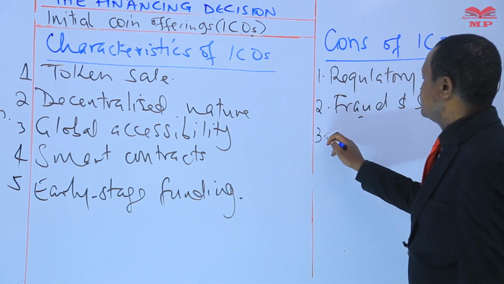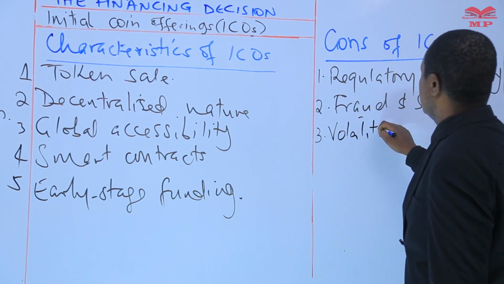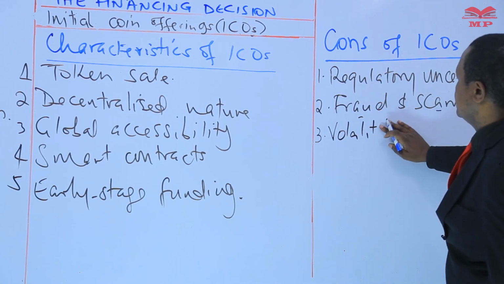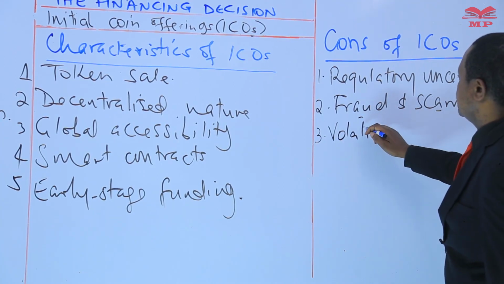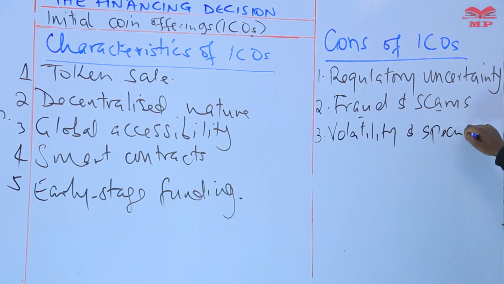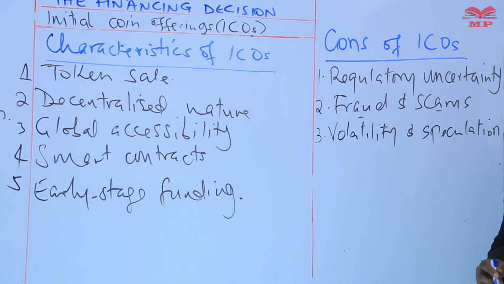Number 3, volatility and speculation. Volatility and speculation is yet another disadvantage. Why?